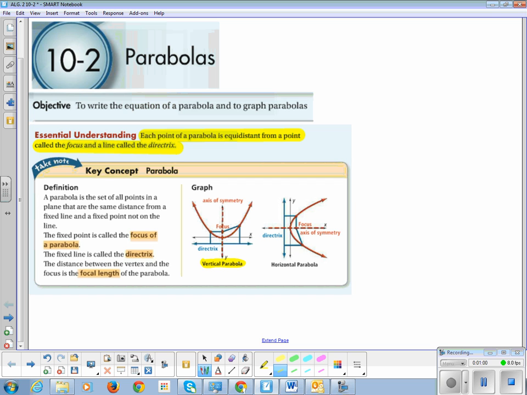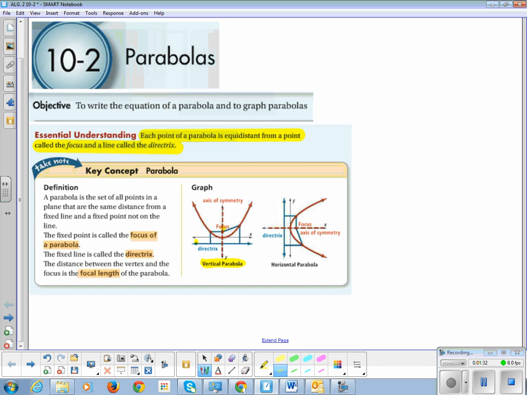The focus is a point inside the curve of the parabola, and the directrix is a line on the outside of the curve. If you map out the distance between the directrix and the focus, each point on the parabola ends up being equidistant from the focus and directrix.